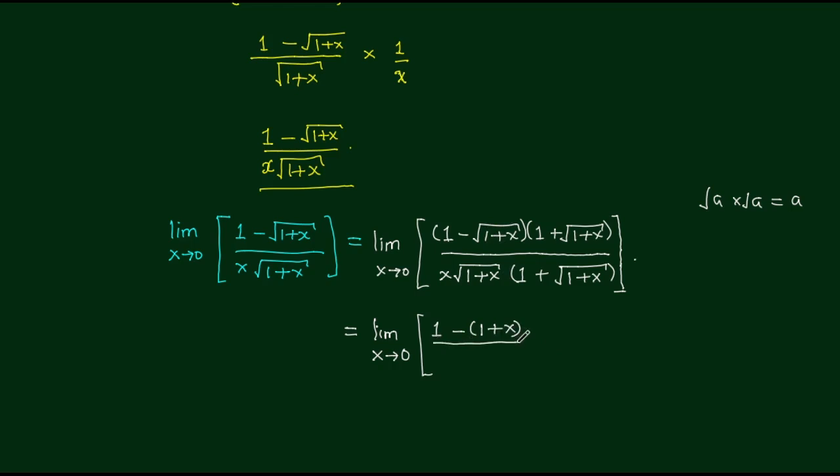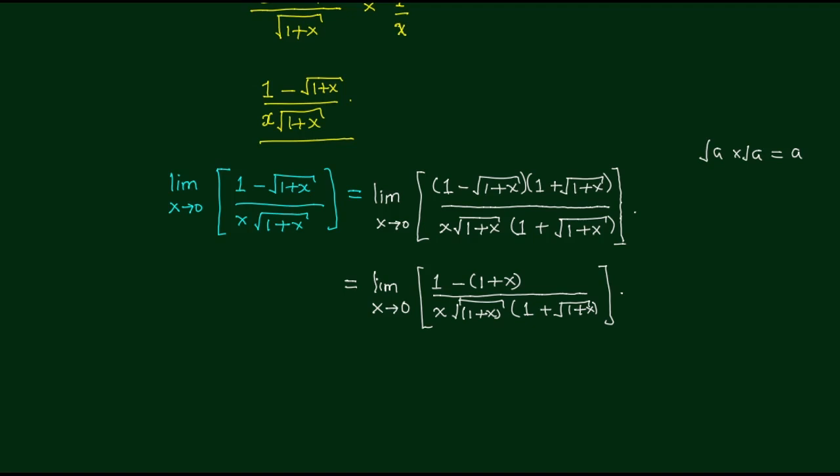So let's move on and just copy the denominator. We are not going to do anything to the denominator here. So we have under root of 1 plus x, and this is multiplied with the conjugate of the numerator. So we have 1 plus under root of 1 plus x, then we close our main bracket.